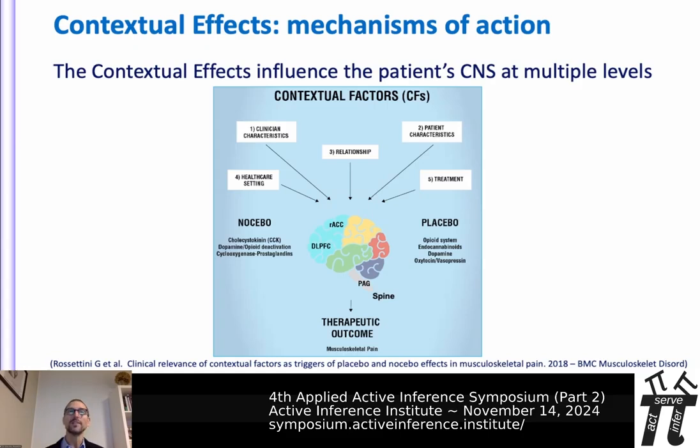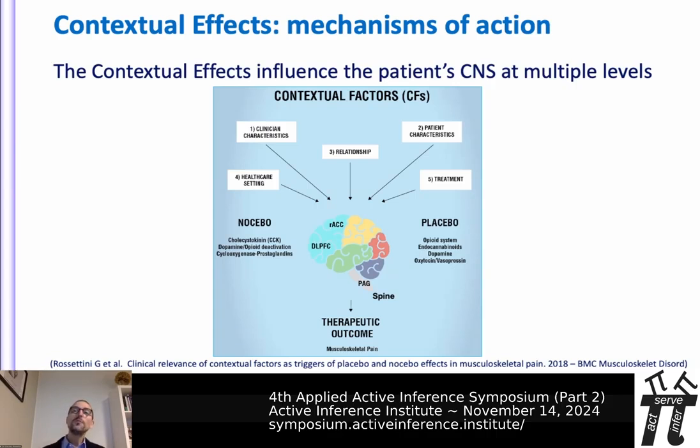psychoneuroimmunoendocrinological events at multiple levels of the central nervous system in terms of the release of neurotransmitters. For example, negative contextual factors can activate the release of cholecystokinin and the deactivation of dopamine and the opioid systems. Instead, positive contextual factors can facilitate the release of opiates, endocannabinoids, and dopamine.